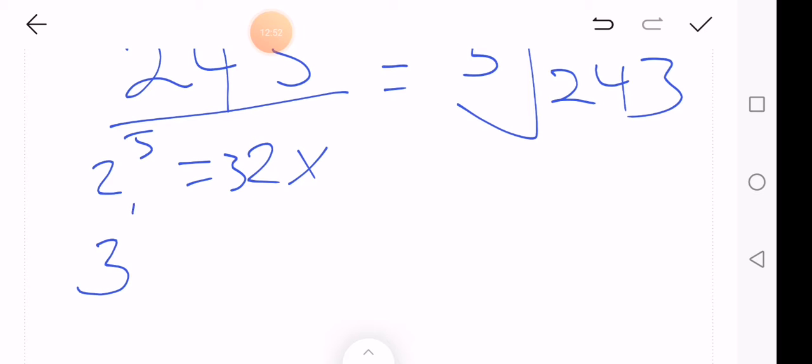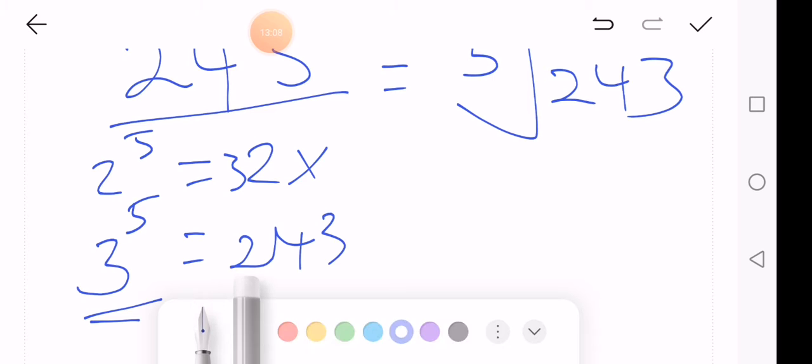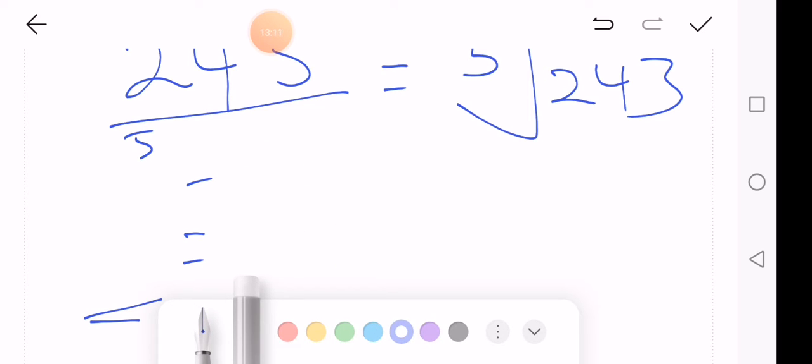Let's see, 3 to the power 5. What do we get? 3 times 3, times 3, and so on. 3 to the power 5, we're going to get 243. So our answer is 3. Let me erase this. I was using this for calculating, so it's not always necessary to show this.